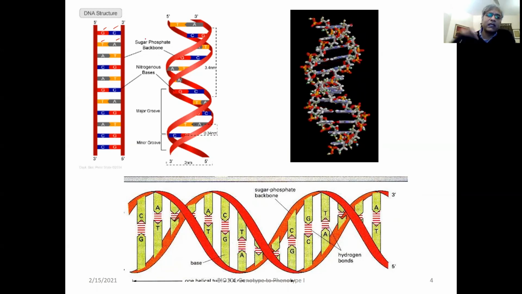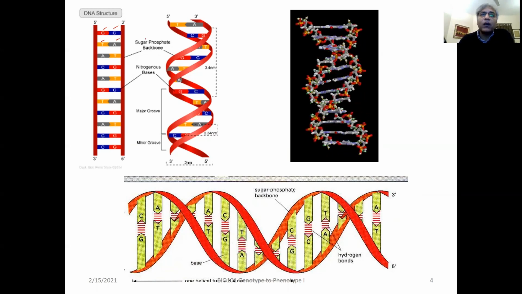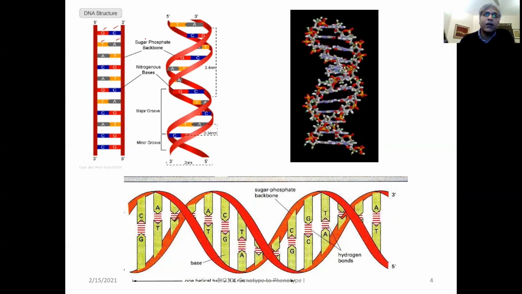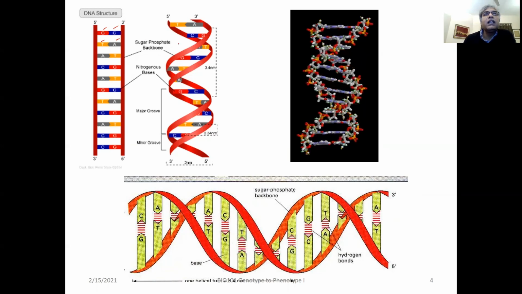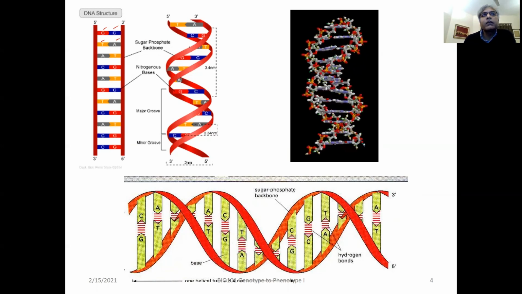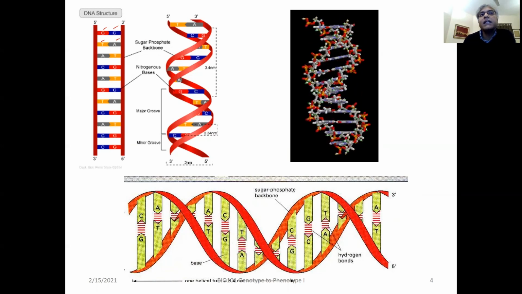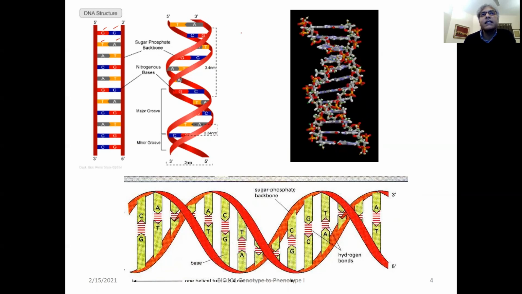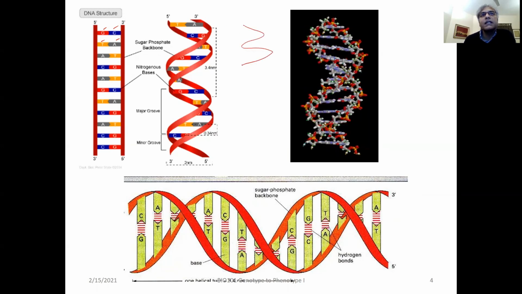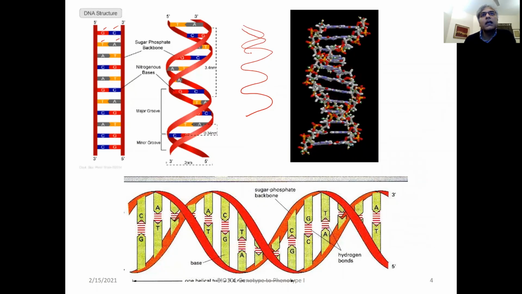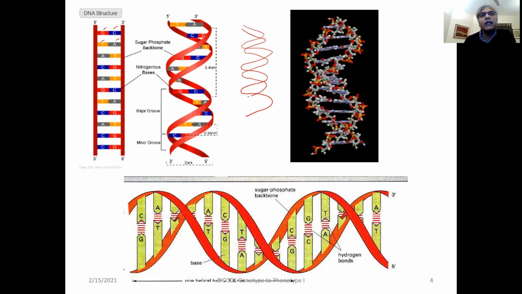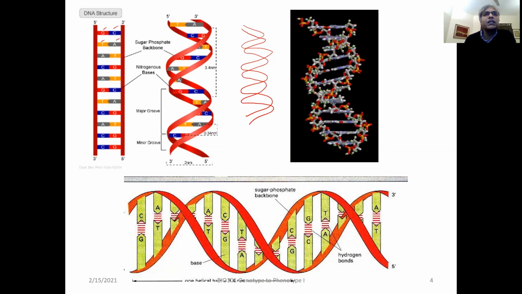In DNA, whether you are bacterial DNA or eukaryotic DNA, it comes in a double-stranded form and in a helical structure. This is the helix, you can see. So this is the helix. There are 10 base pairs in each turn.